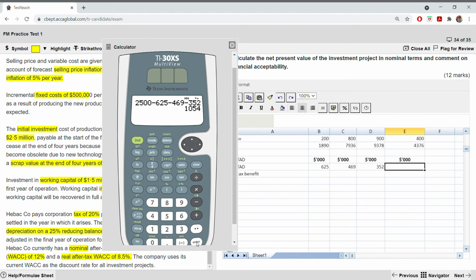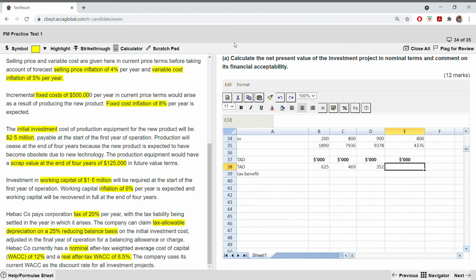There is something wrong over here, because it was supposed to be okay. Oops, okay. This is the reason why I'm getting a wrong answer, because at the end of 4 years we have a scrap value also, the production equipment, which is 125. Okay. So you have to minus this scrap value also, right?